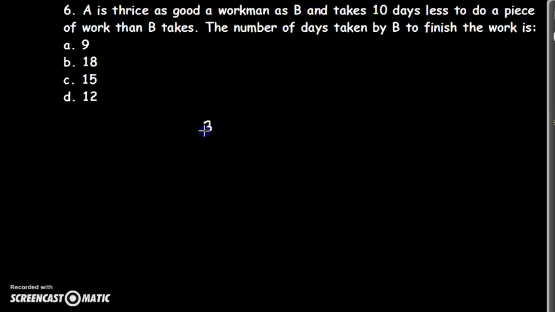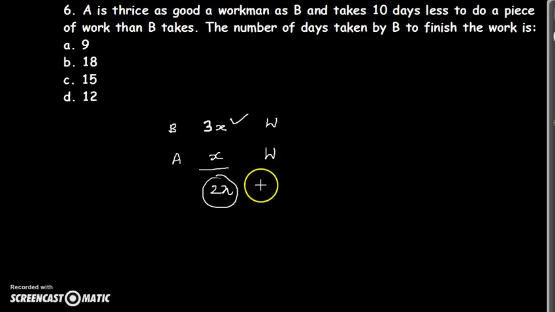So if B takes 3x days to finish a work, A takes 1/3 of the time to finish the same work working alone. Now this difference, this is B, this is A. Now the difference is 2x. A takes 2x days less than B. And this 2x is given as 10 days in the question. 2x equal to 10, x is 5.